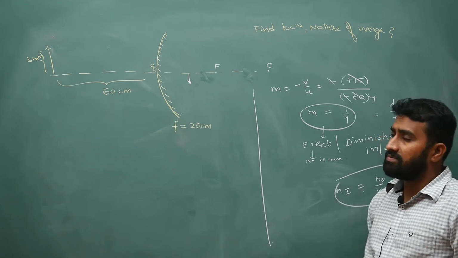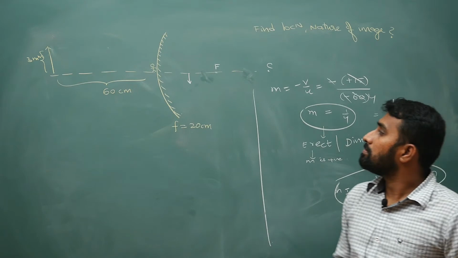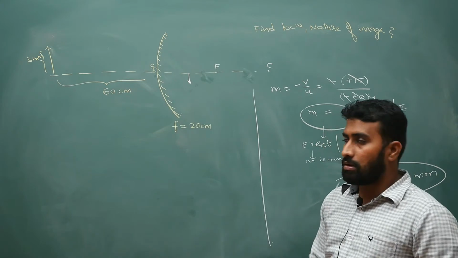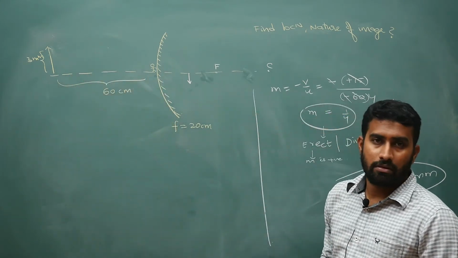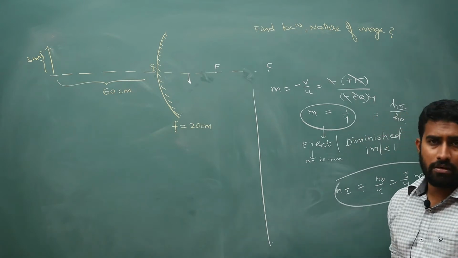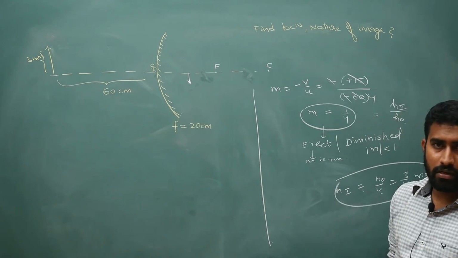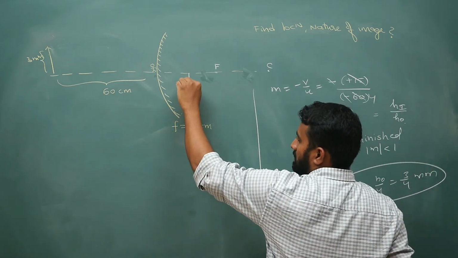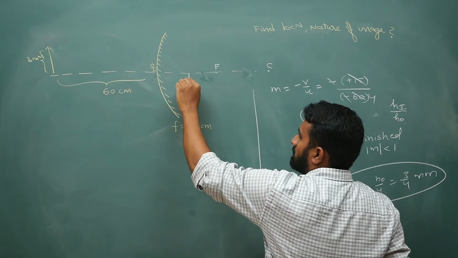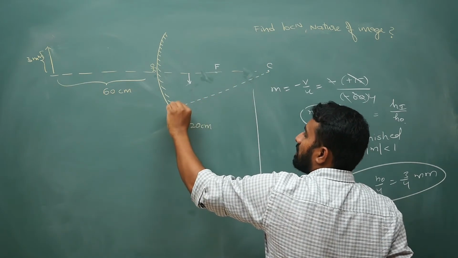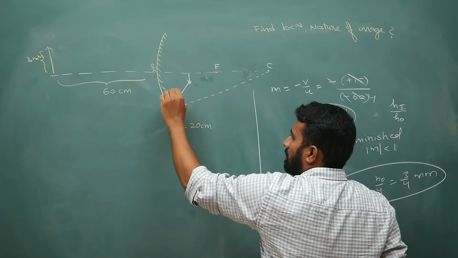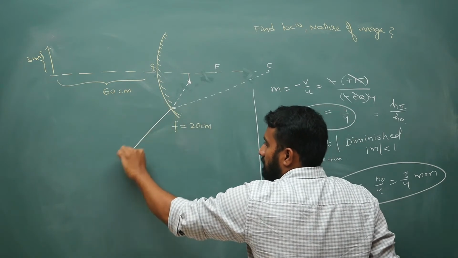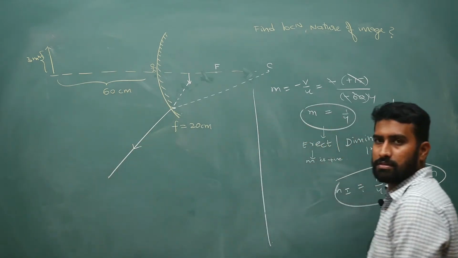Now observe carefully. This principal axis is normal for a ray coming like this. Now what I want you to understand is, draw the rays in reverse manner. If some ray comes like this, imagine this is your center of curvature, and I keep a dotted line here, rays will reflect back like this.